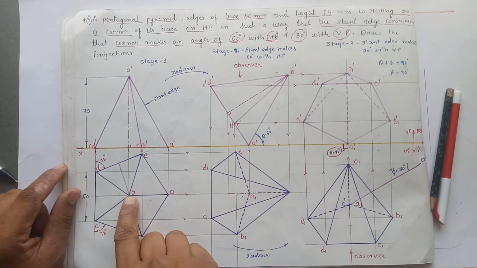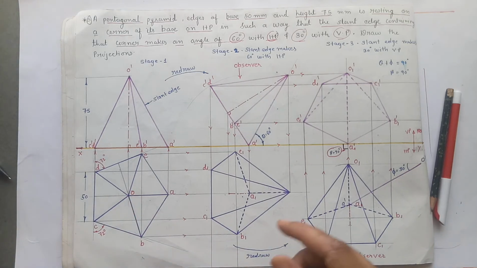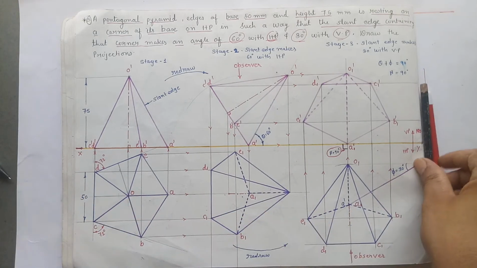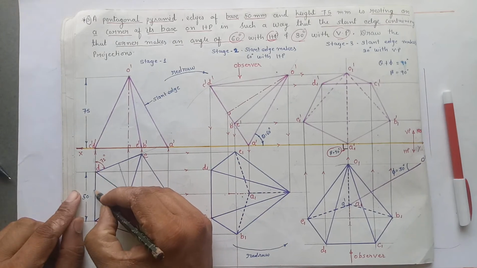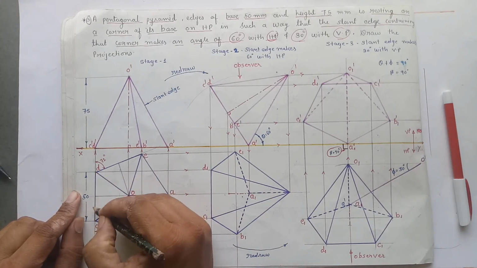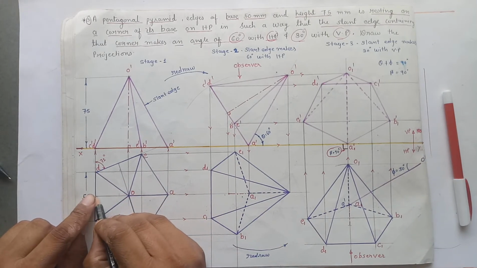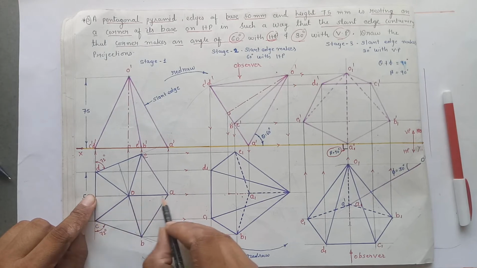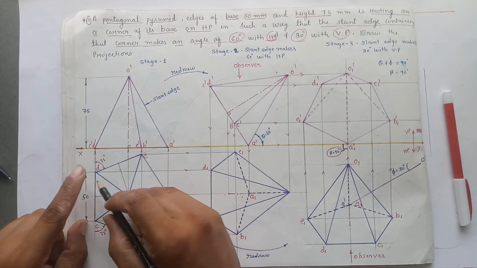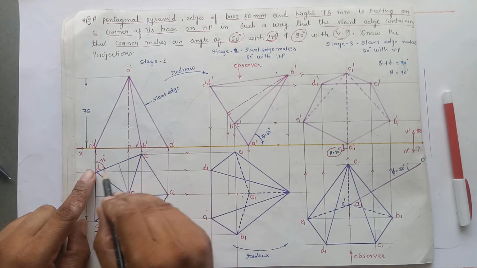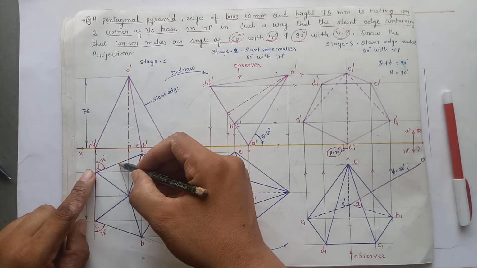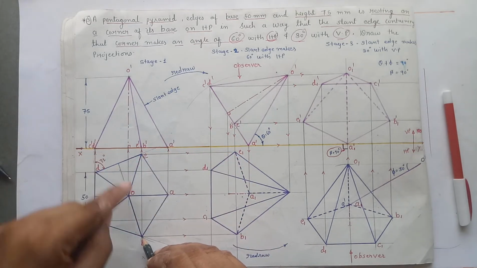Then I want to mark the center, and if you want to mark the center, find the midpoint of one of the base edges and join that midpoint to the opposite corner. Then after, find the midpoint of one another base edge and join that midpoint to the opposite corner.